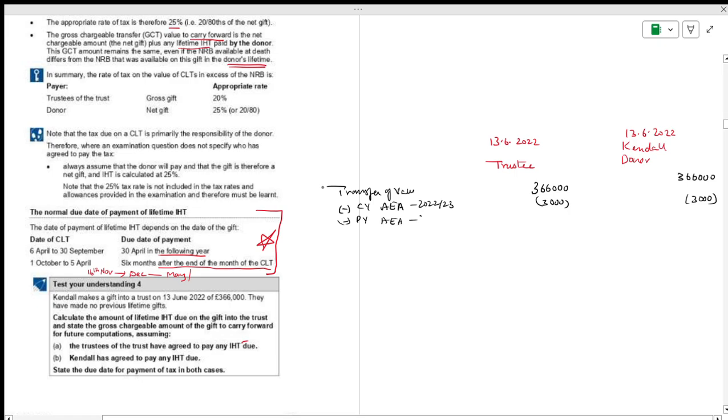Yesterday you said 2021-22. Then we have to take the previous year. Are you okay with this? So always when you see the current year, we take the previous year. If information is not given for the previous year, by default you have to take the previous year.